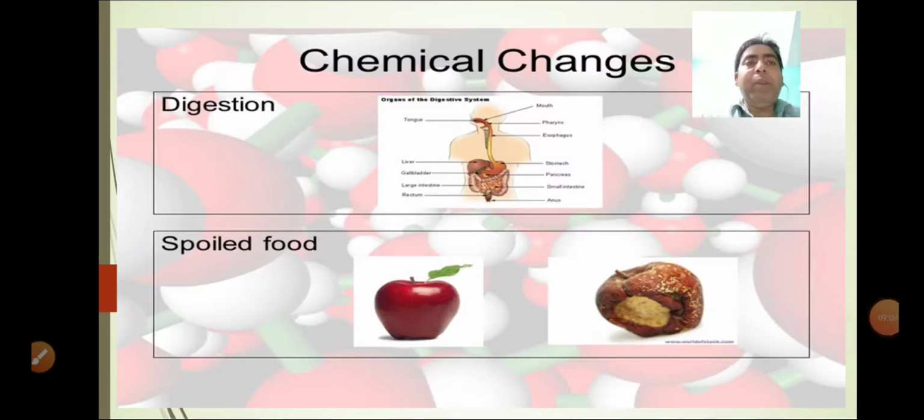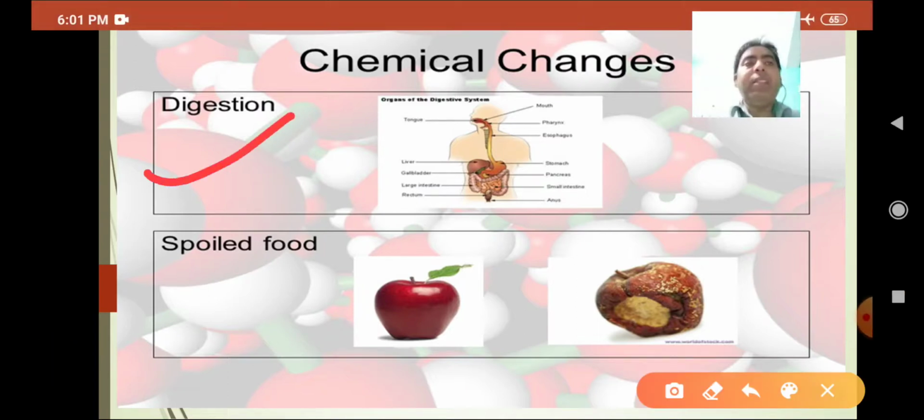The next example of a chemical change is the digestion of food. When we eat, food goes into our mouth, to the esophagus, and to our stomach, and that food gives out energy when churned and broken down.